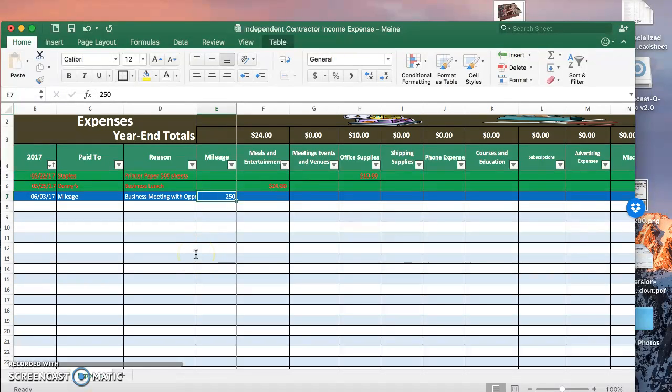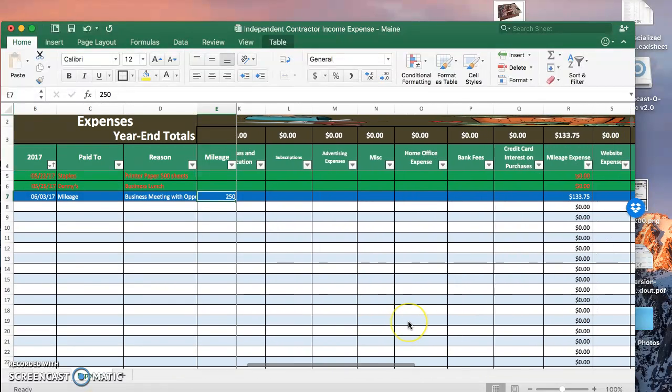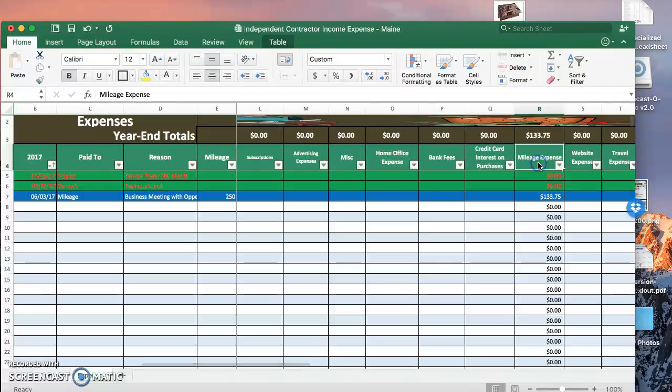And that's all you're going to do, because now if we move along this spreadsheet and we go to the mileage expense, it automatically is going to calculate your expense on mileage, right? And so you get 53.5 cents expense per mile. And that is to work around the cost of gas.